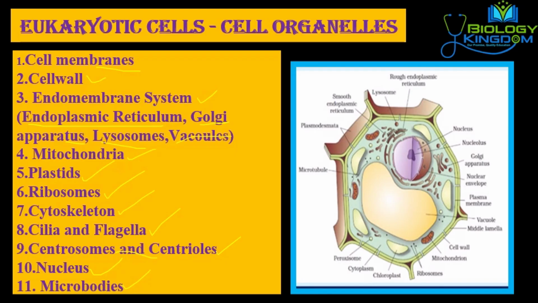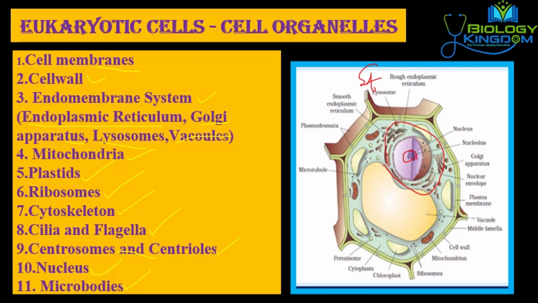I hope students are able to clearly differentiate between prokaryotic and eukaryotic cells based upon the cell organelles. This is the structure of the eukaryotic cell. Here we have the rough endoplasmic reticulum, and this is the nucleus.